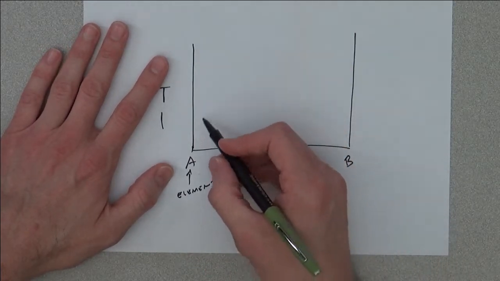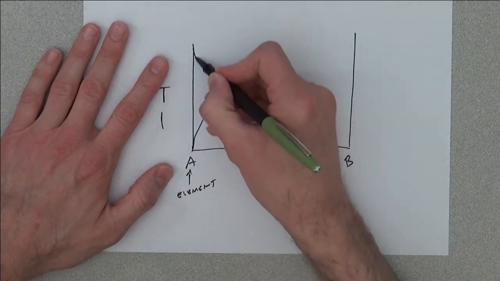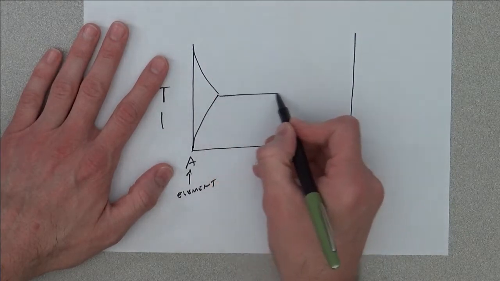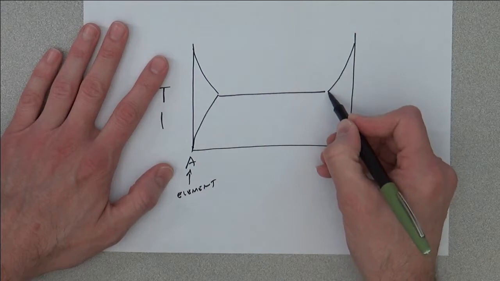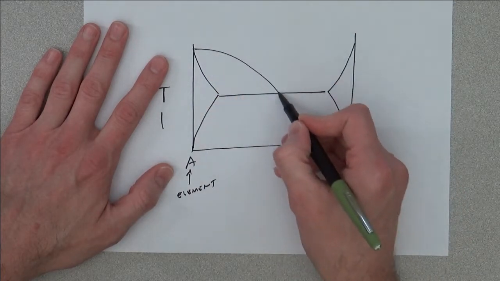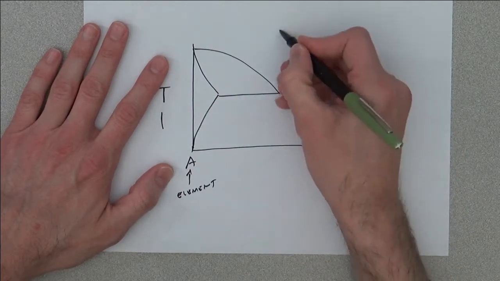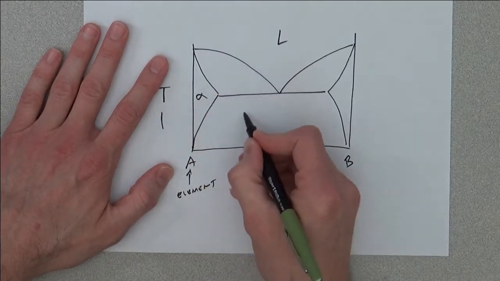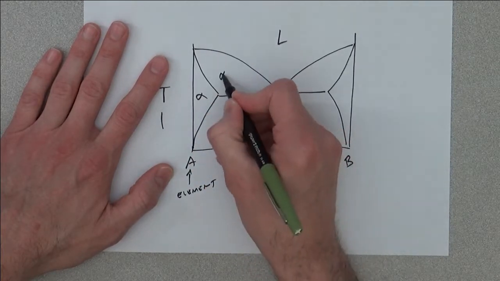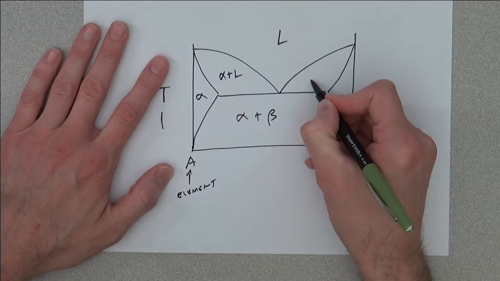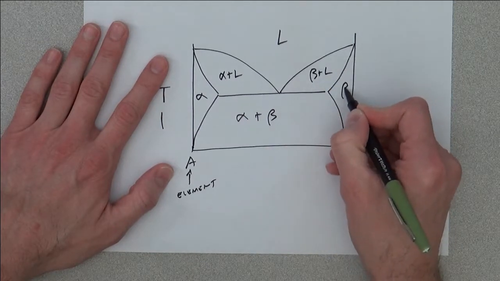If you had a phase diagram that looked like this, and we will talk about this phase diagram later: liquid, alpha, alpha plus beta, alpha plus liquid, beta plus liquid, beta.